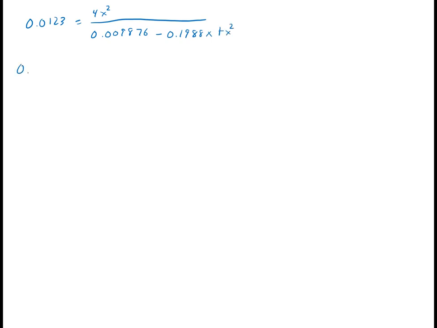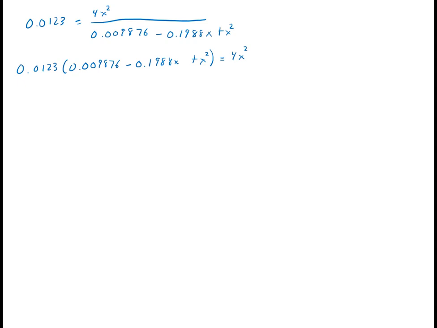So like I did in the previous problem, I'm going to multiply this out. So I'm going to move the denominator out, 0.009876 minus 0.1988x plus x squared is equal to 4x squared.